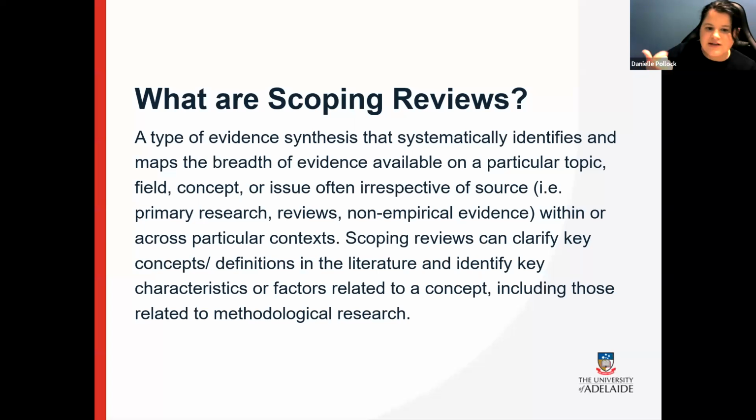So we'll see scoping reviews including primary research, reviews themselves, reviews of reviews, or even non-empirical evidence, and a lot of grey literature as well. This is within or across any particular context.